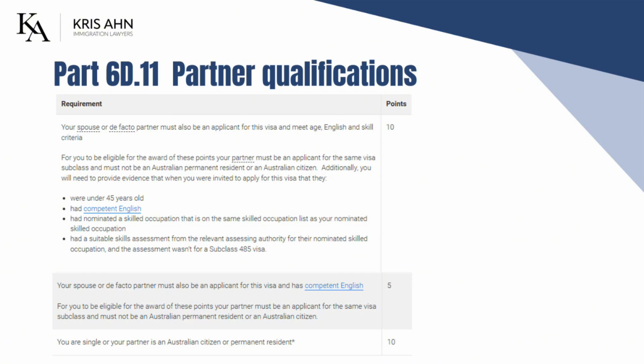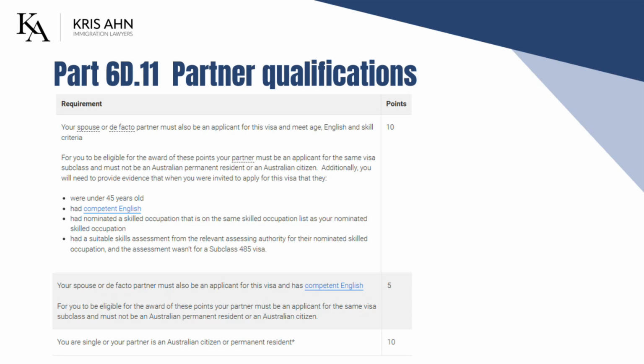If your spouse or de facto partner is not an Australian citizen or permanent resident, but they are under 45 years old, have competent English, and have a nominated skilled occupation on the same list as your skilled occupation, and a suitable skills assessment, like a full skills assessment, then they can get 10 points. So pretty much they're asking, is your partner as skilled as you?